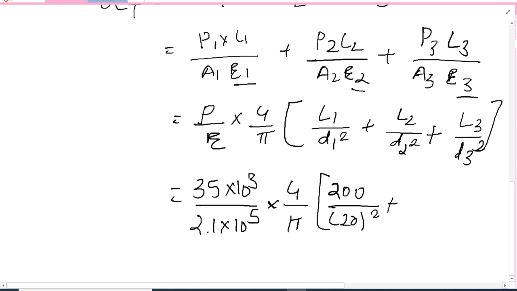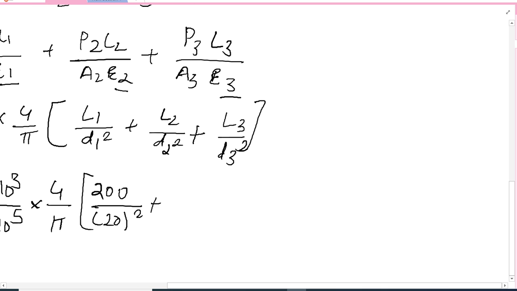If the load is compressing the element, then it is minus. So here in each section the load is pulling the element, that's why we are using plus.